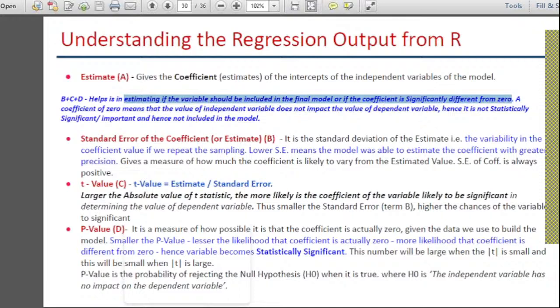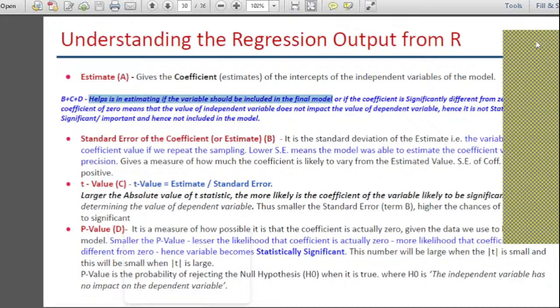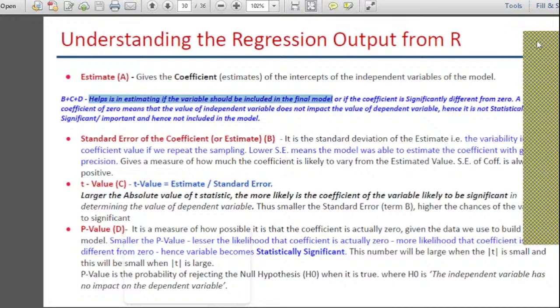Now, what does this line say? It helps in estimating if the variable should be included in the model. So only the statistically significant variables will be included. If a variable is statistically significant, only then it will be included in the model. All of you agree? Please, I want a response. I know it might be a little overwhelming, but this is a very important part. After this, you can be relaxed.